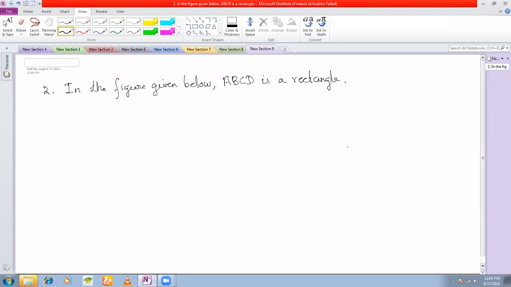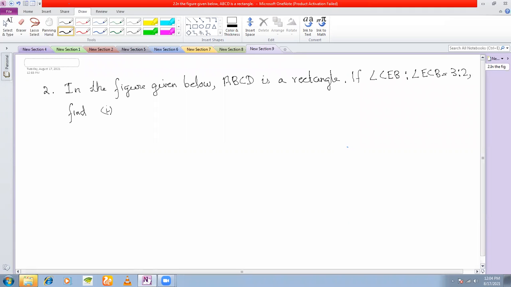If angle CEB is to angle ECB is equal to 3:2, find number 1, angle CEB, and number 2, angle DCF.